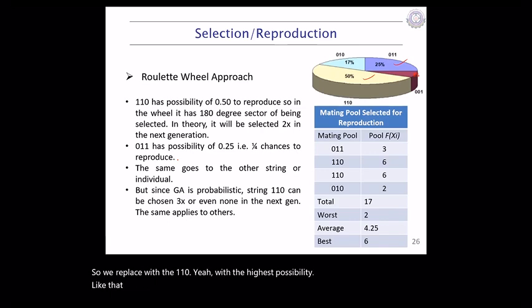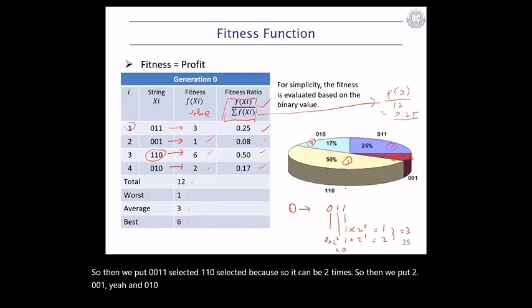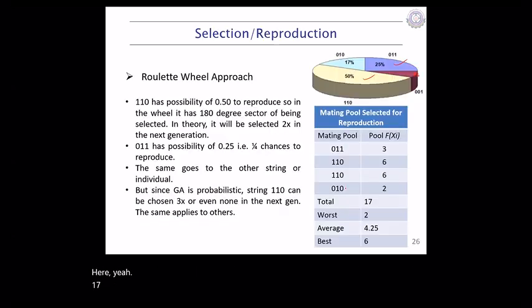So then we put 011 selected, 110 selected, because it can be 2 times. Then we put 010 here, 17%, 17%.